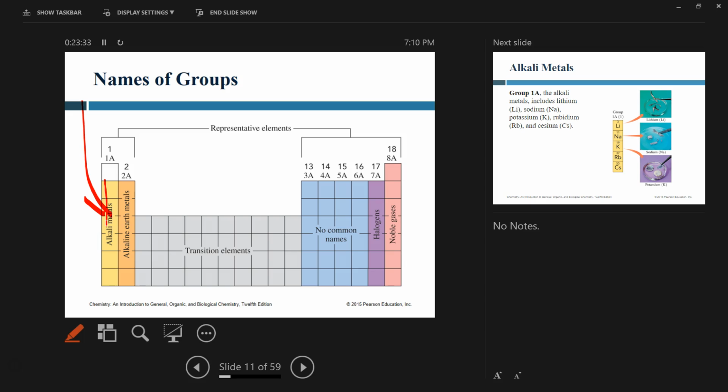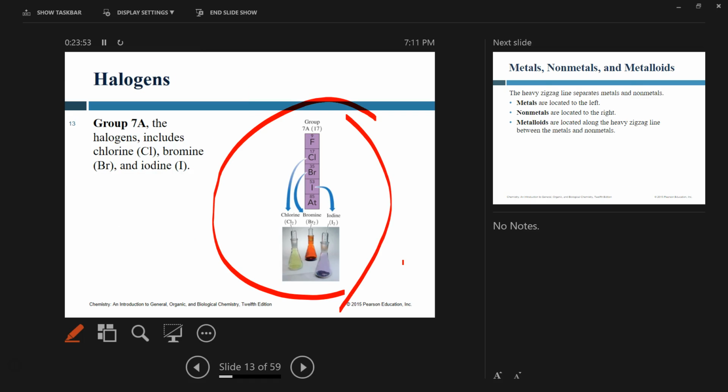Halogens are on the right side. If the left side forms bases, what would the right side form? Acids. They form really strong acids. Hydrochloric acid, hydrobromic acid, hydroiodic acid are very strong acids. Does that make sense? So they're kind of opposite.